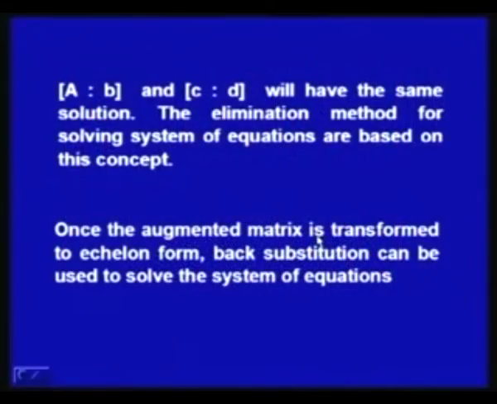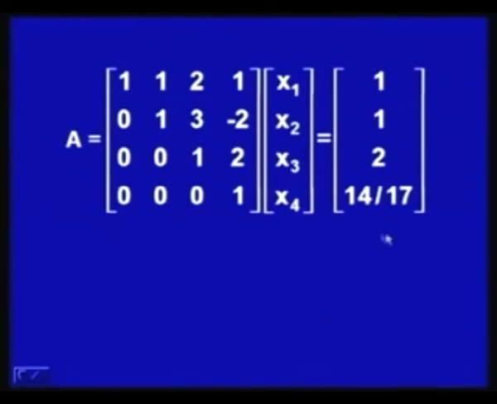What we do is we consider the augmented matrix and transform it into echelon form. Once it is transformed into echelon form, then we use back substitution and get the solution of the equations. Like in this case, we have been given a system of equations and this matrix is converted into this form, and from here we can apply back substitution in echelon form.